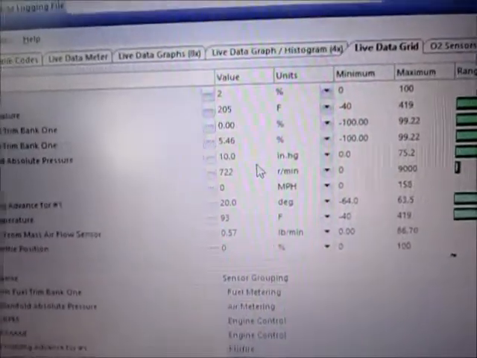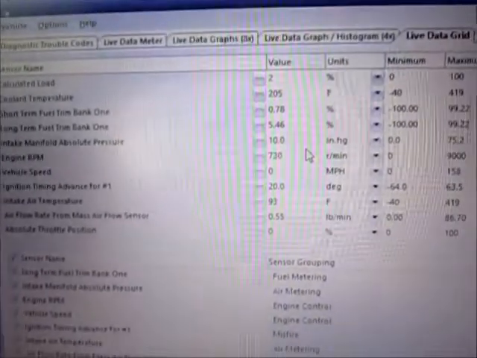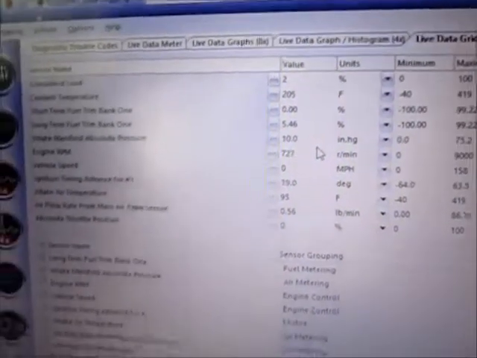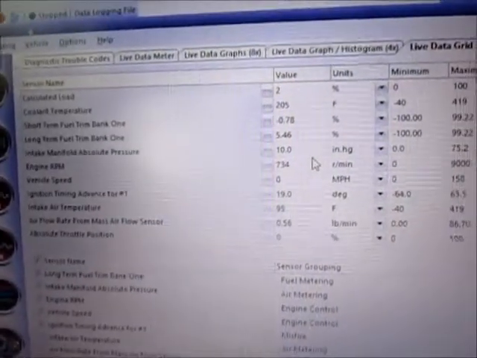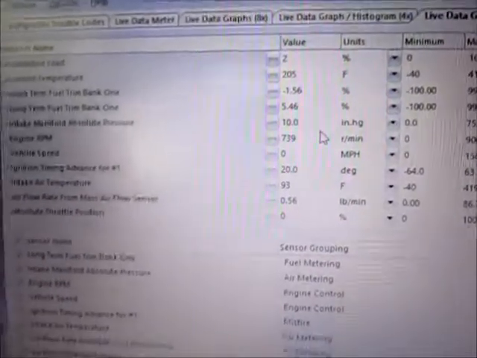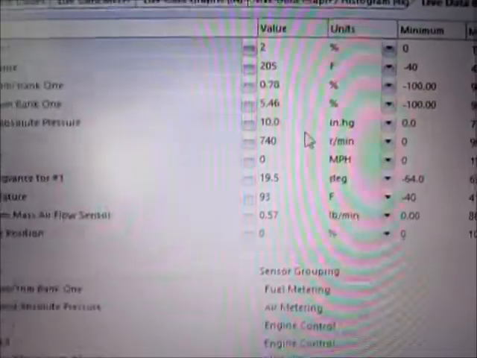A coarse, ballpark way to do this, which is close enough, is to subtract the intake manifold vacuum in inches of vacuum from the static air pressure, which is what air pressure you have at sea level, to get the manifold pressure that I have now.